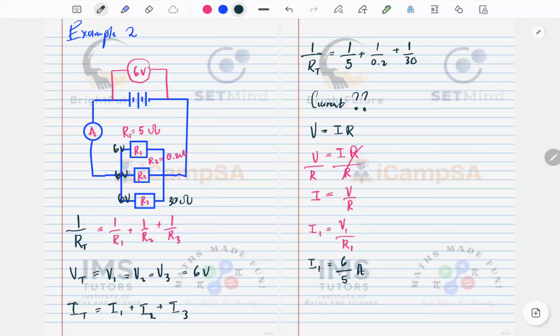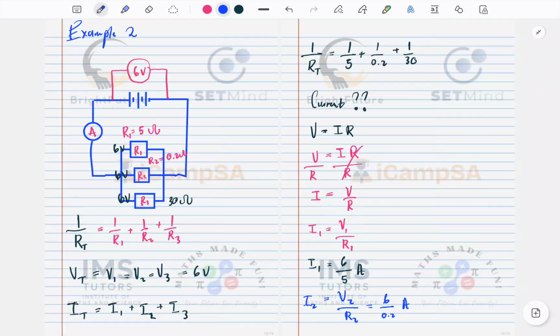Okay, for I2, same thing. I2 equals V2 over R2. This is going to be 6 over 0.2 amperes, like so.